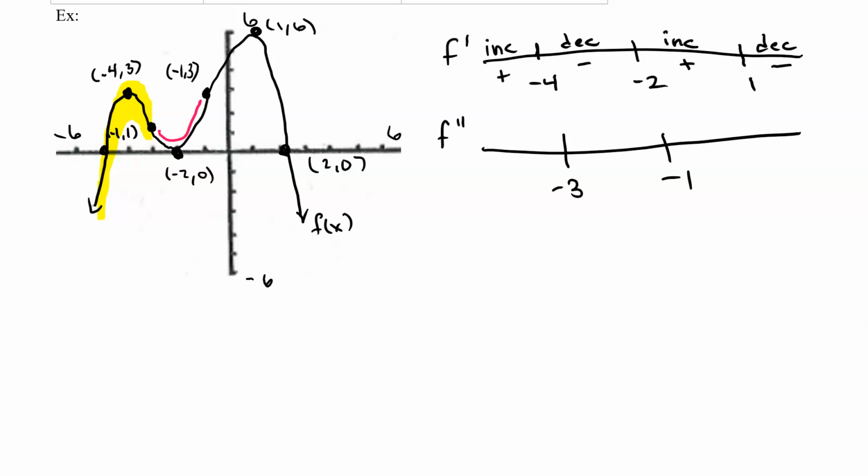And then we're concave down everywhere after that. So let's write that. We've got negative when we're concave down, positive when we're concave up, and negative when we're concave down. So this is C down, C up, C down.